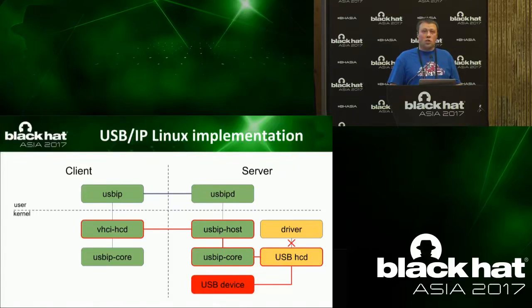And the virtual host controller on the client side, in its turn, just injects them into the USB subsystem of the client, and it reports that as if a new device was plugged in, and the same happens as on the server side. So the Linux USB subsystem will try to load the appropriate device driver, which now begins to manage the remote device on the server.